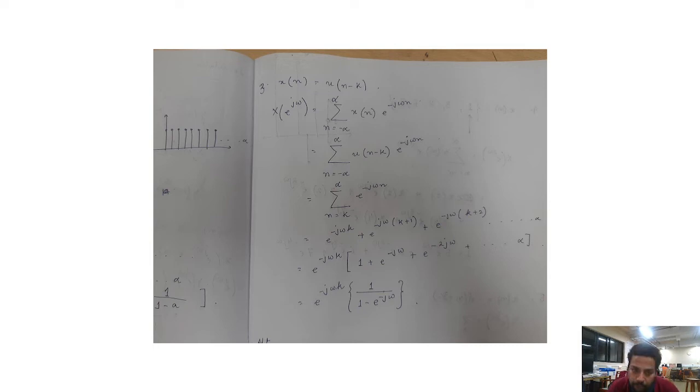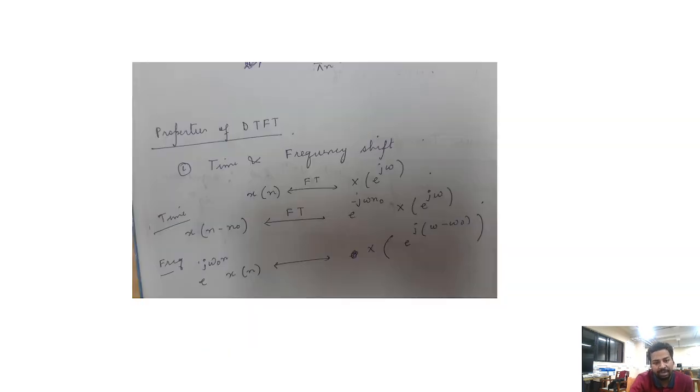So let's solve another problem of a similar line, which is a signal x of n equal to u of n minus k. u of n is again the unit step function, but here the problem is not the direct unit step but a time shifted unit step function. So before solving this problem, let us look into some of the properties of the discrete time Fourier transform, then we'll go back to the problem again.